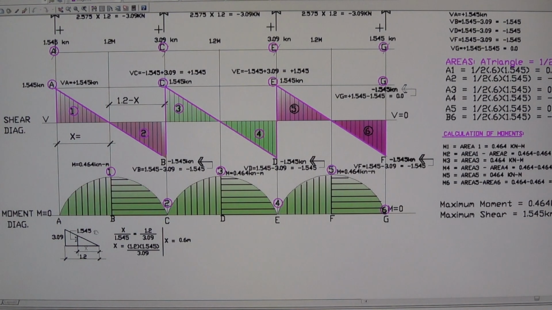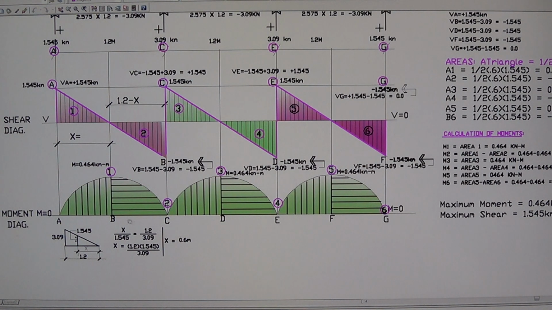When you do that, you always start with the horizontal distance as the numerator, and the denominator is the height, the vertical. Horizontal divided by the vertical. So X, the horizontal line for the small triangle, divided by 1.545, the vertical line right here, equals the large triangle, which is 1.2 horizontal divided by the vertical, which is 3.09.